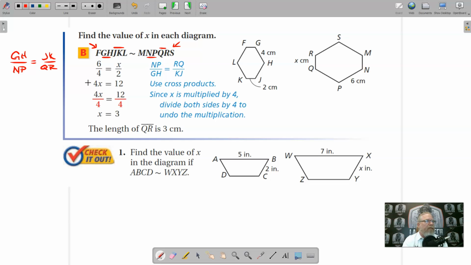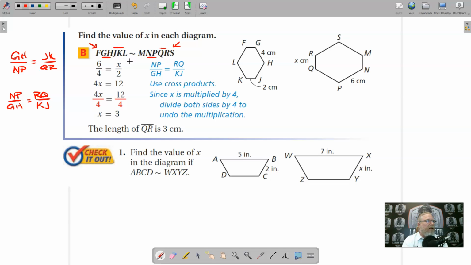They're doing NP is to GH, and then they're saying RQ, which is the same as QR. So RQ is to KJ. And why they went backwards, I don't know. It's in the similarity statement, going left to right. It works out the same way, either way. Don't sweat it too much.